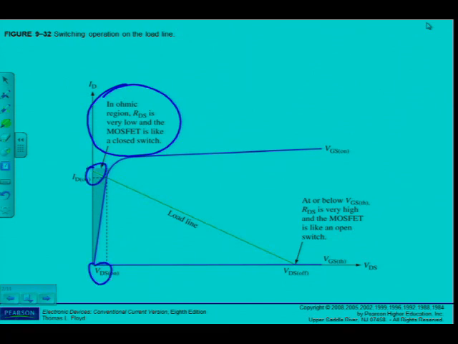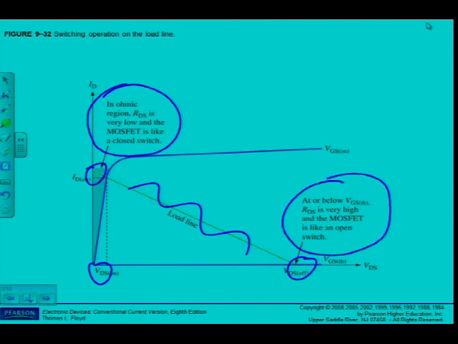So the switch is on, or the switch is off. I'm not going to use it in between here, no? So I'm going to use it as a switch. So at or below VGS threshold, RDS is very high resistance, acting like an open switch, and those are the two conditions that we are going to use the E-MOSFET. All right, so take note of figure 9.32 as well.